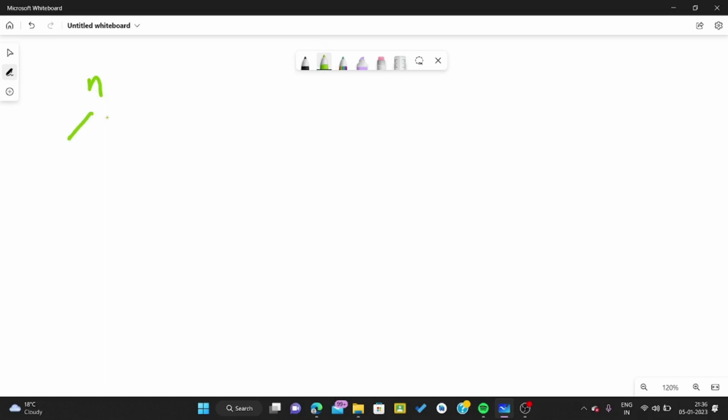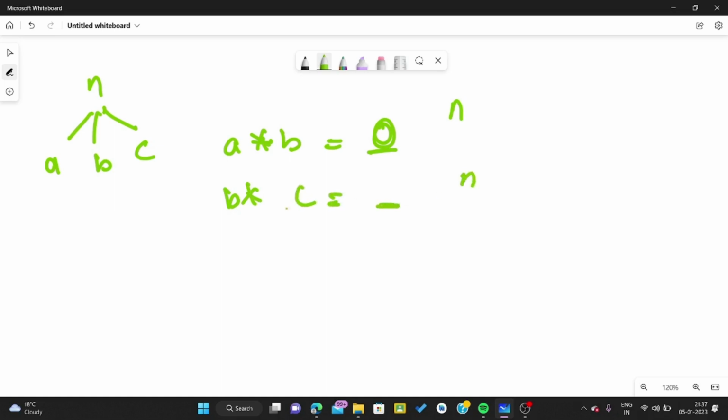We need to find three divisors of this integer, let's name them a, b, c, such that a multiplication b should also be a divisor of n, and b multiplication c should also be a divisor of n, and a multiplication c should also be a divisor of n. So this is the basic condition that we are given.